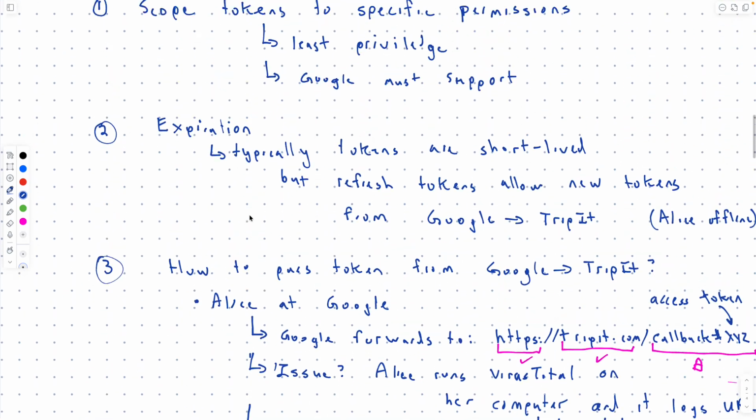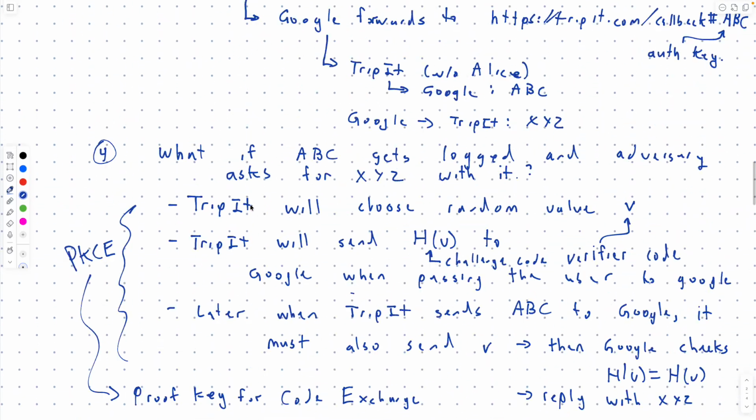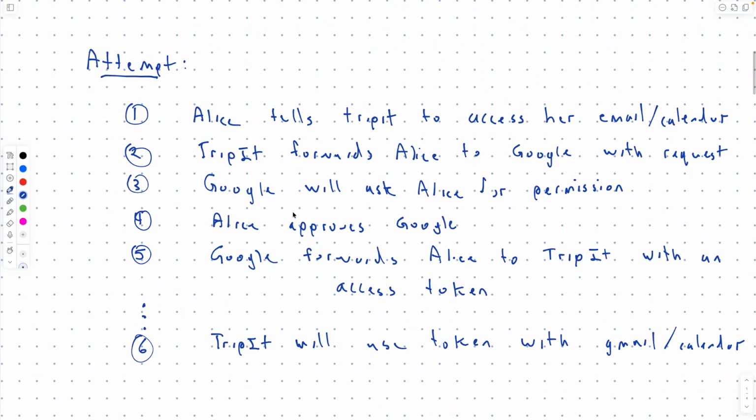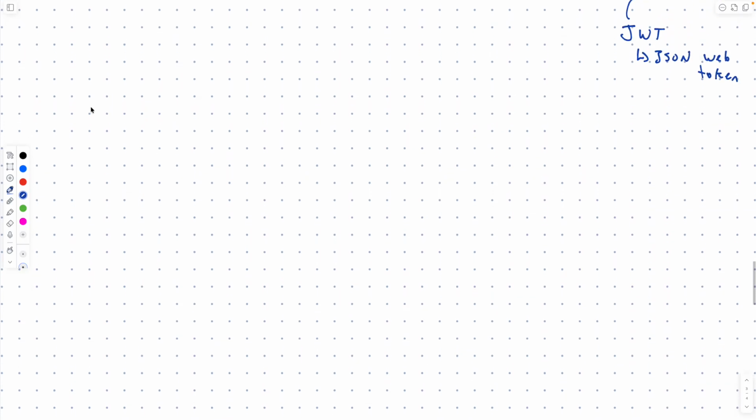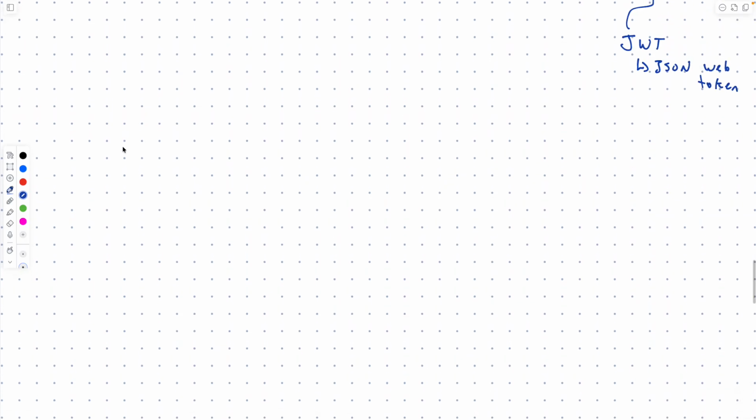Okay, so if we put these fixes into this protocol, then we'll basically end up with OAuth and how it works. Okay, so let's write out now OAuth, the actual OAuth protocol. All right, so I have the user. I have TripIt.